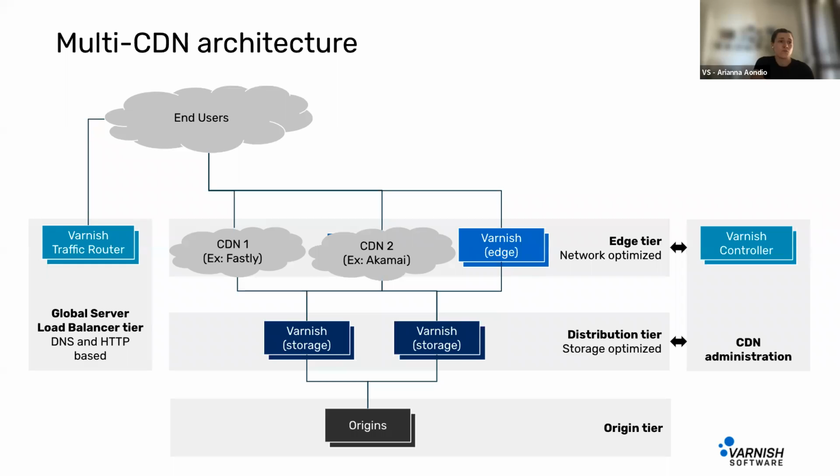And in front of us, we have a multi-CDN architecture. Again, if we look at it from the left, we have a traffic router, and that's a traffic steering component we have seen in the previous slide. To me, that's one of the most important links of the full delivery chain.